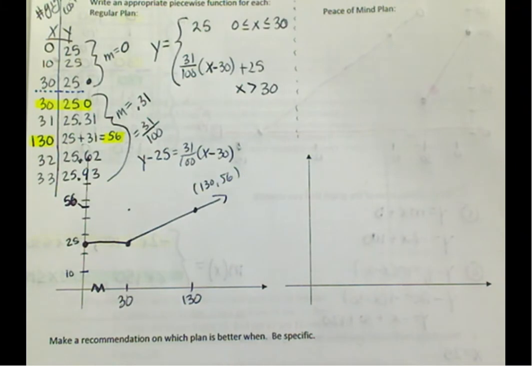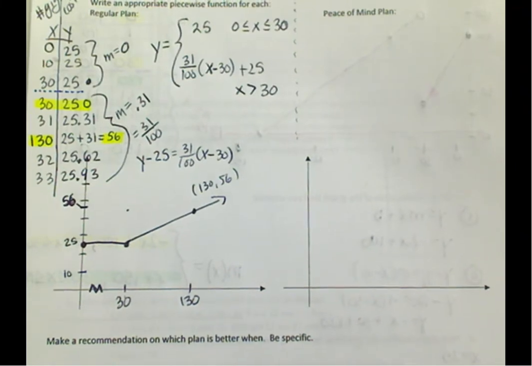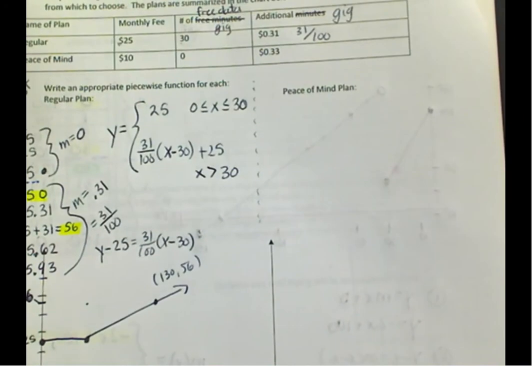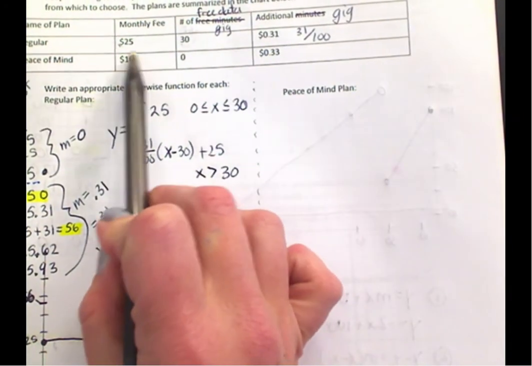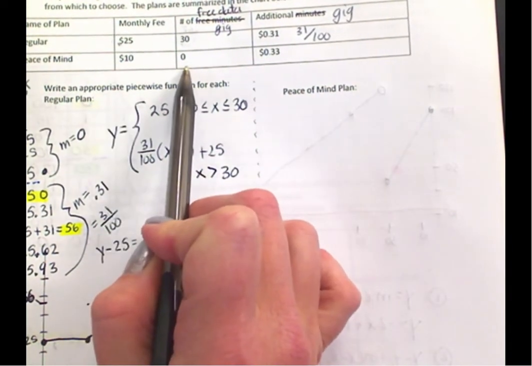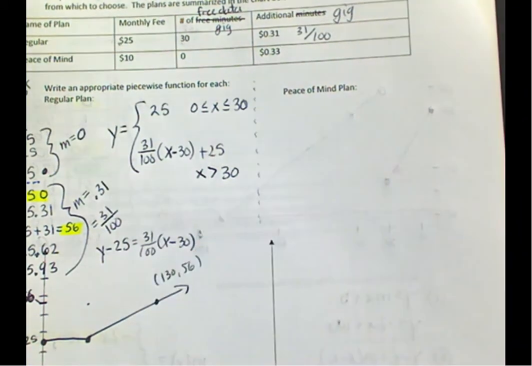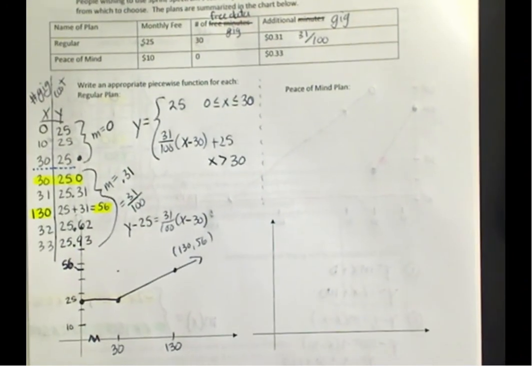Okay, peace of mind. That's the second row. Read it. $10, no free data, 33 cents a gig. Okay. Start with a set of points.